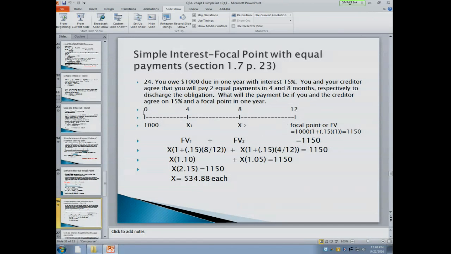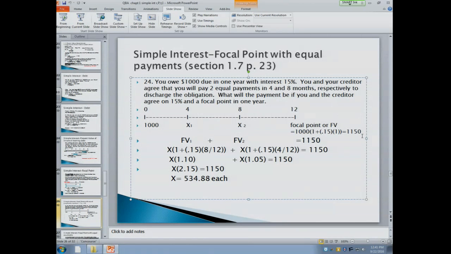So the future value of $1,000, I did right here, is 1,000 times 1 plus 15% for 1 year, and it's $1,150. Okay. Well, the future value of X1 and the future value of X2 equals $1,150.